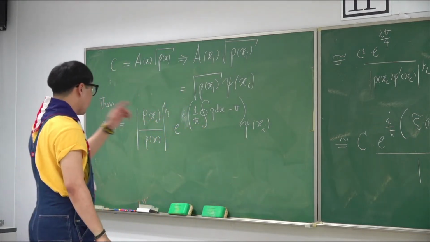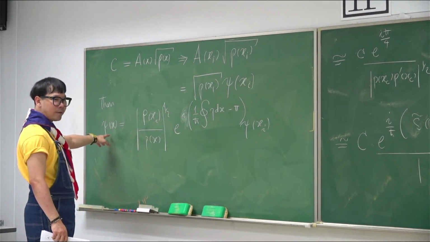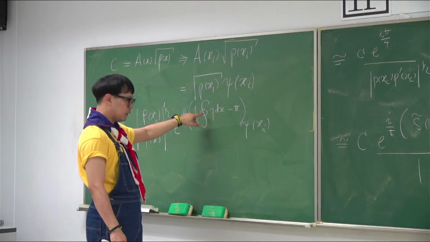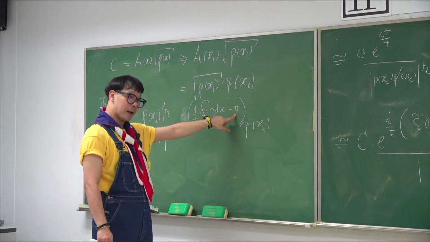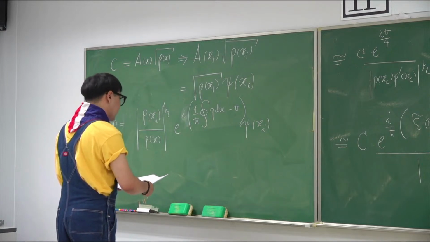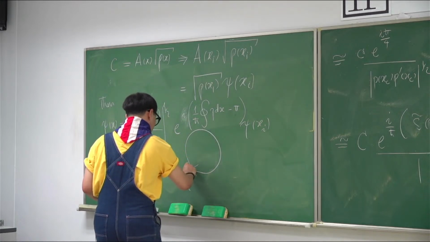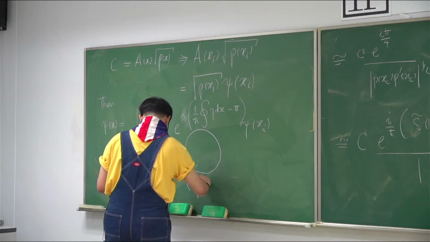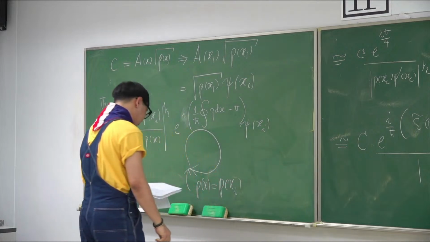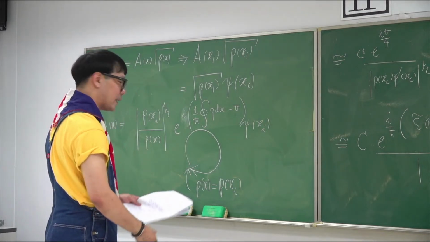So after you complete the loop, if you do the ratio between any arbitrary wave function and then get back to the same point, then this represents a loop. The phase vector will be added up by pi, right? So after you complete a loop at this point P, it must be the same because you get back to the same point. The momentum must be the same, right?